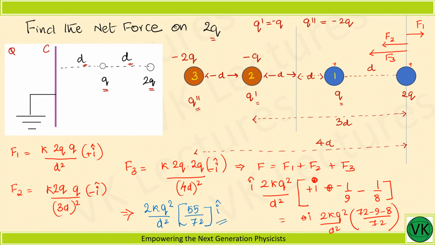That means the net force is in the positive i direction, which means that the repulsive force due to the first charge, which is very near to 2q, is more dominant than the other charges.